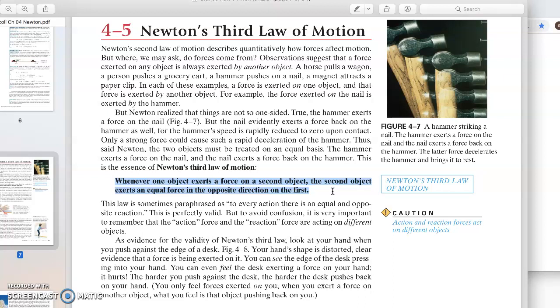So don't be confused and say that the force acted on the nail by the hammer is more, because of course the hammer is heavier, stronger, everything. That is not right. The force created as a reaction in the nail against the hammer will be exactly the same as the force acted by the hammer on the nail, but in the opposite direction.